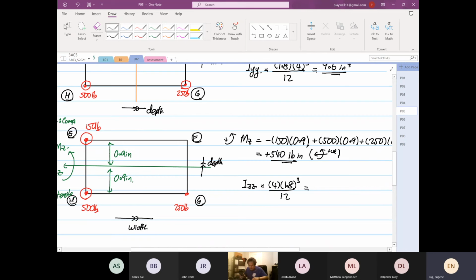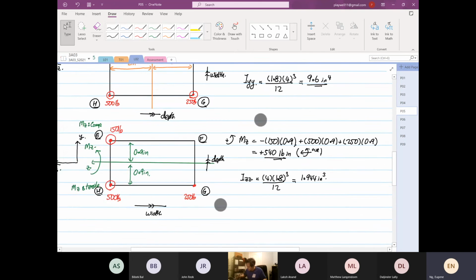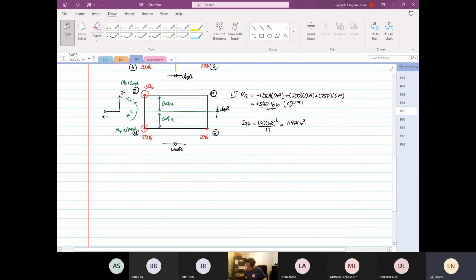So it's equal to 1.944 inches to the fourth. We are now going to find the stresses at point A, point B, and point D. Okay, so I'm going to transpose this.